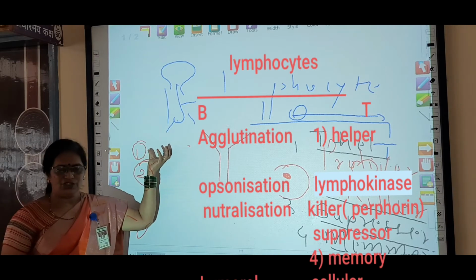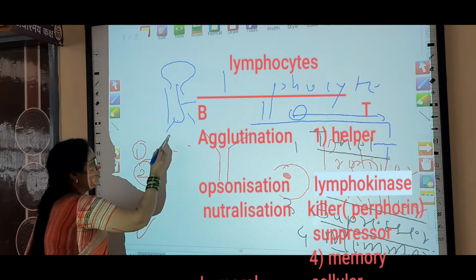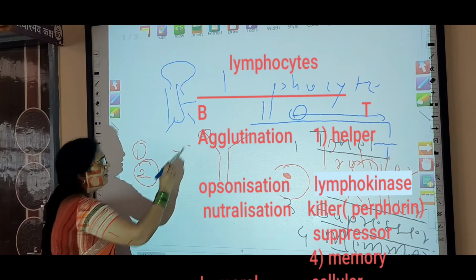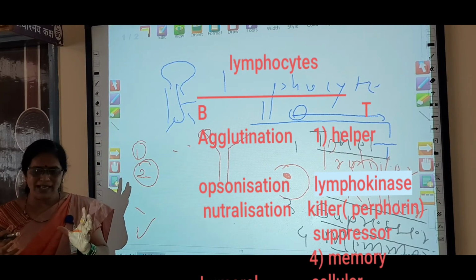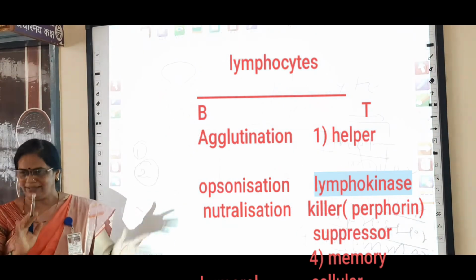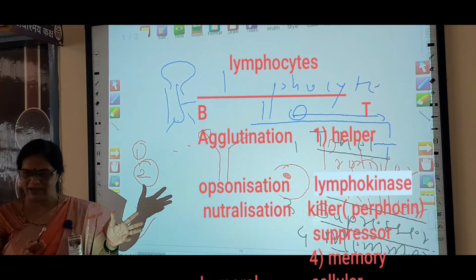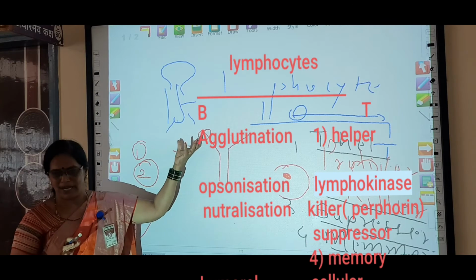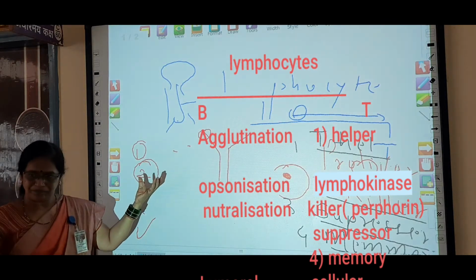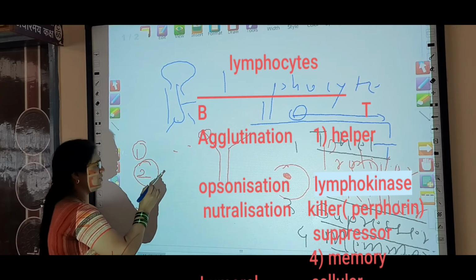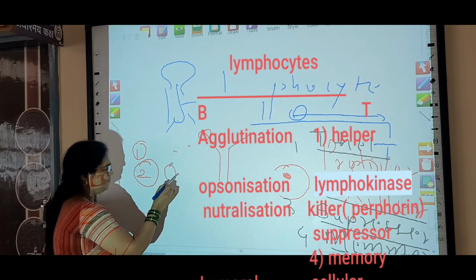Whenever the microbes enter, they get agglutinated, that is, an immobilized mass is produced. This pathogen cannot move here and there, and this is called the immobilized mass. The second step is opsonization.